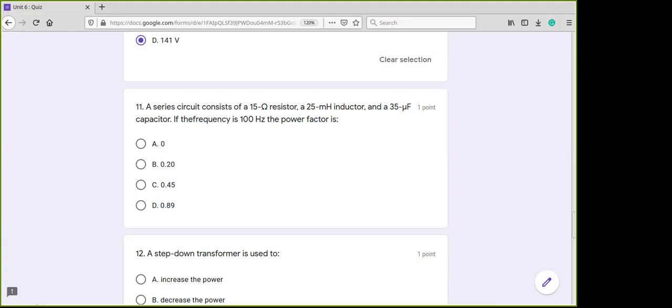So the power factor is cos theta. What is theta? Theta is the phase angle, yes? Yes. How do you calculate the phase angle from this information?